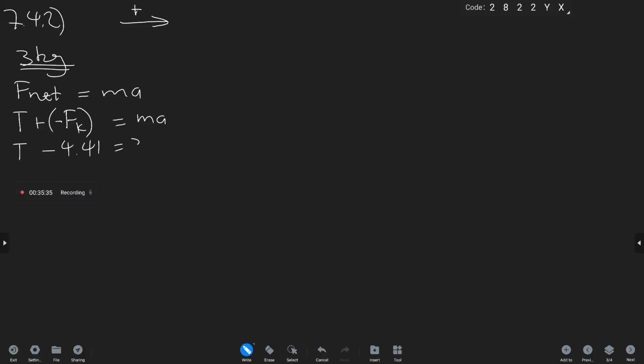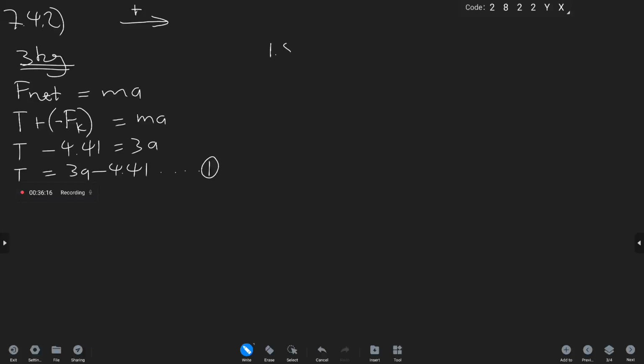And that will of course be equal to mass, which is 3, times acceleration, which is also unknown. Then we make T the subject of the formula. When we do that, we'll find that tension will be equal to the mass, which is 3, times acceleration, plus 4.41. That will give us equation number 1, and I'll sort it later.